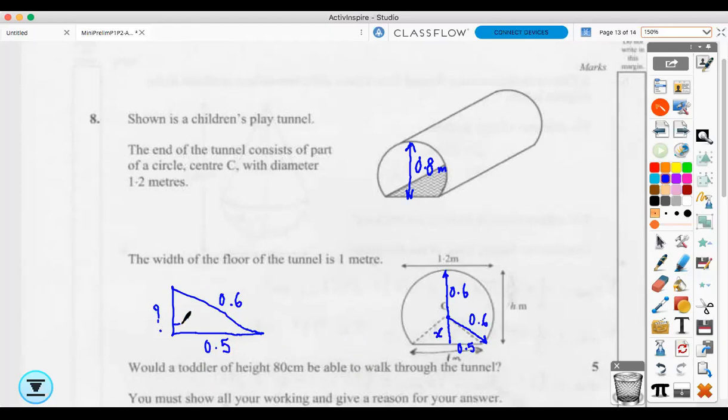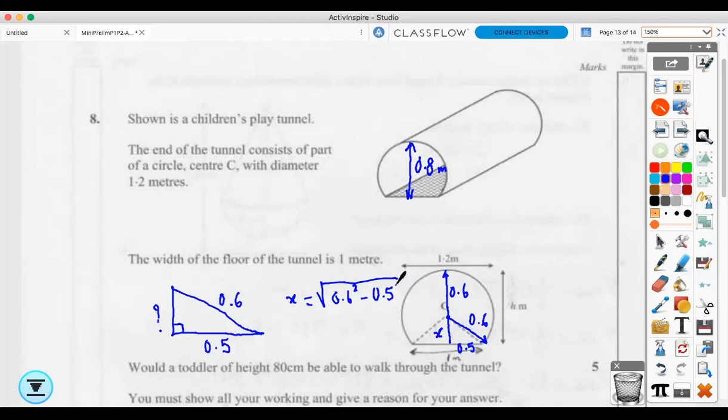Pythagoras, guys, right angle triangle. If you're looking for a short side, you do the longest side squared minus the other side squared, and you take the square root of that. So x, which is what we're looking for, is the square root of 0.6 squared minus 0.5 squared.